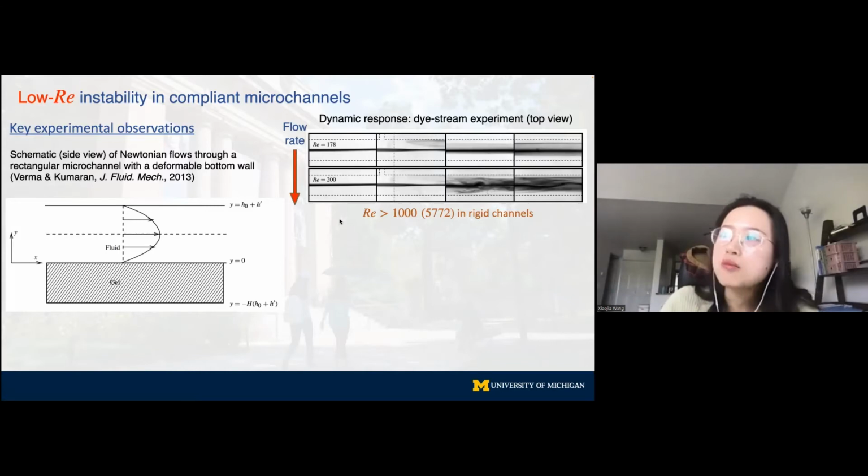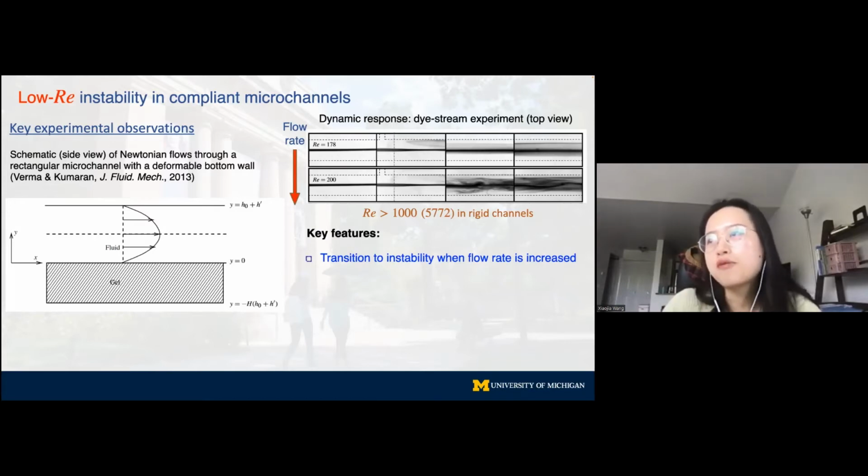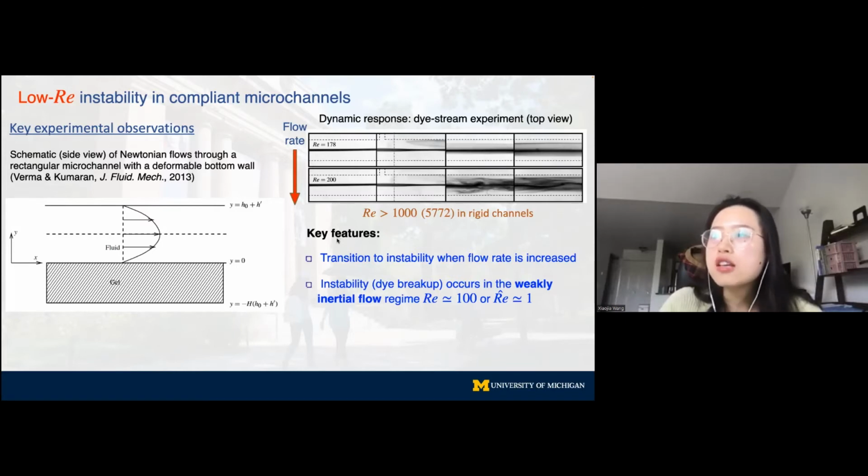And they also documented a few key features of the observed low Reynolds number instability. First of all, as I have mentioned, there is a transition from stability to instability when the flow rate is increased. And secondly, they always observed the instability occurred in the weakly inertial flow regime, when the reported Reynolds number is at several hundred, or the reduced Reynolds number is at order 1.